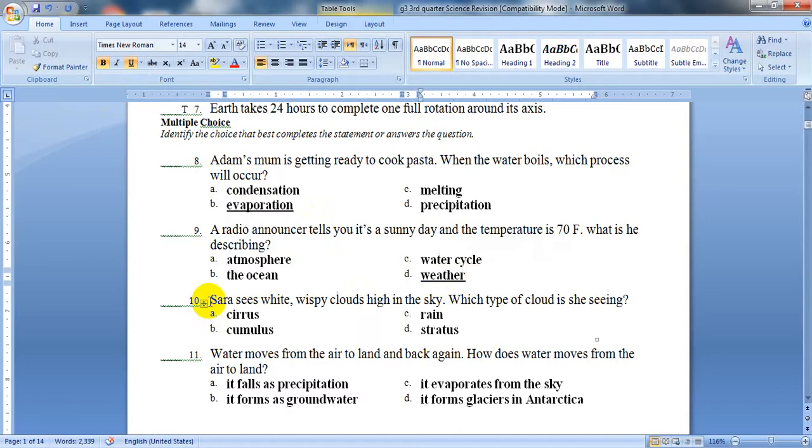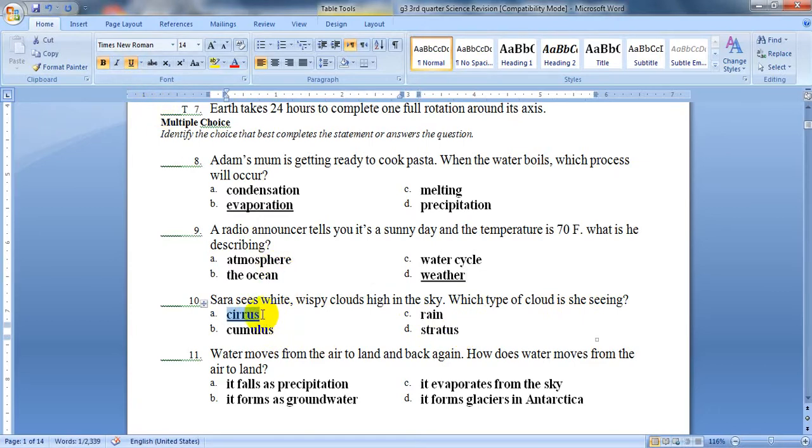Question number 10. Sarah sees white wispy clouds high in the sky. What type of cloud is she seeing? Are these clouds cirrus, cumulus, grain, or stratus? It's cirrus clouds.